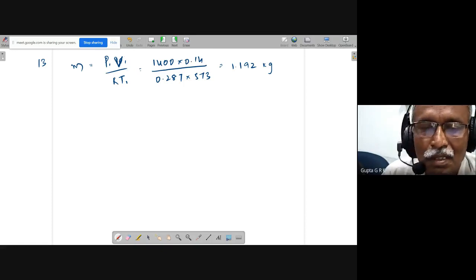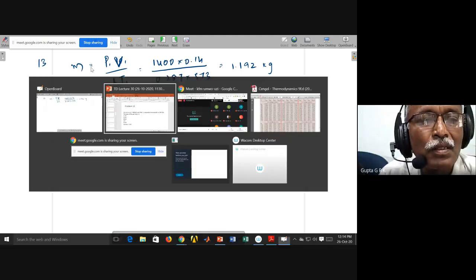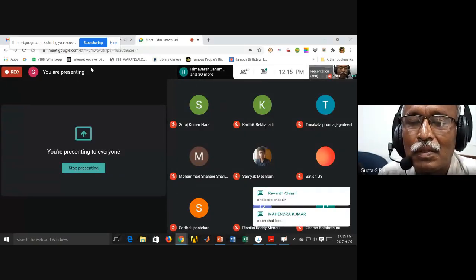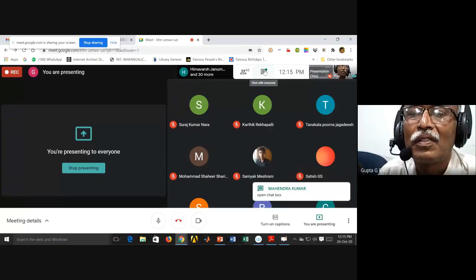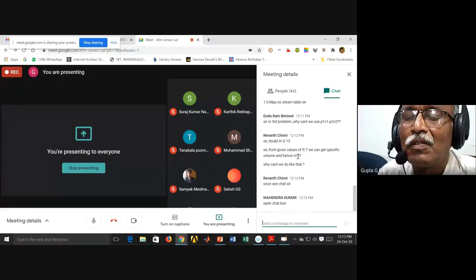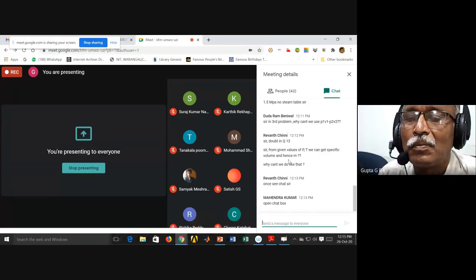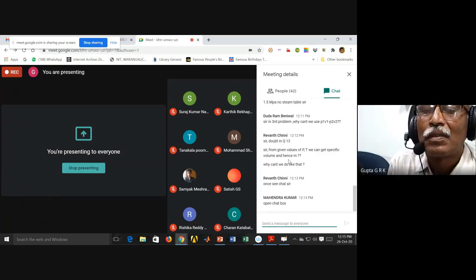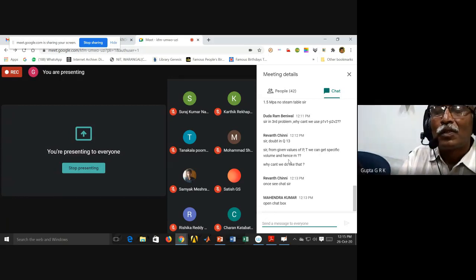What is the doubt here? From the given values of P and T, we can get the specific volume and hence M. That is PV equal to RT.